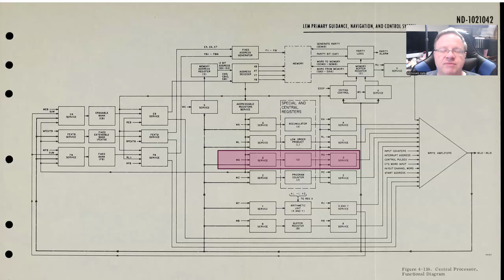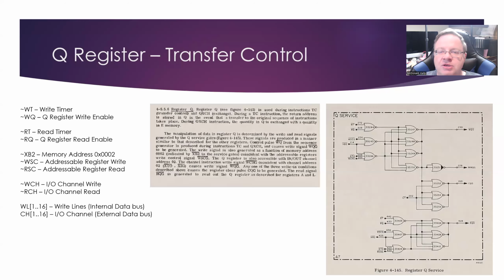So information from gyros, guidance platforms, RCS thrusters, hand controllers, etc., all flow through this in-out channel word and the channel registers, which are external to this central processor control section of the Apollo guidance computer. So let's look at the details from the manual itself on the Q register.